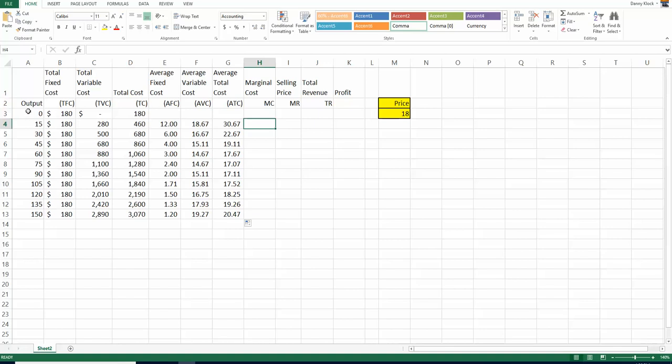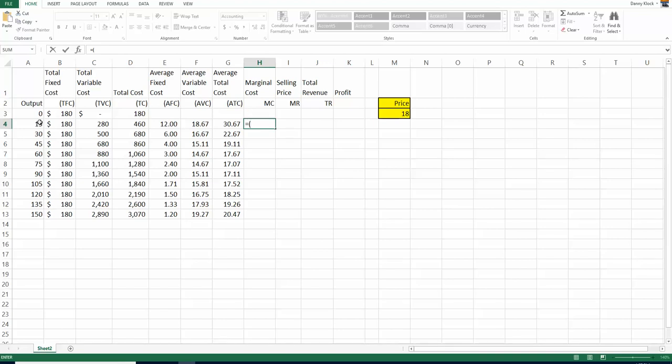Going from 0 output to 15, I'm going to take the change in the total cost between these two numbers divided by the change in the output. That will give you my marginal costs. So follow along, not too hard. Equal, I'm going to do some lowercase math and then some uppercase math. So put a paren.